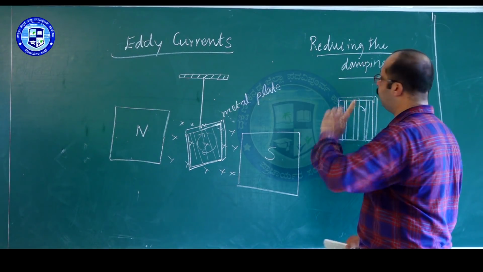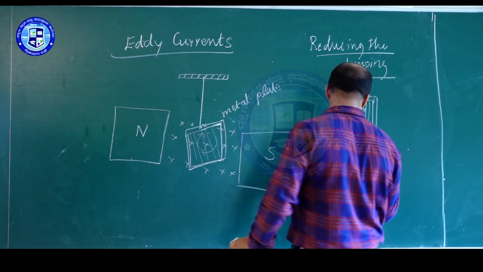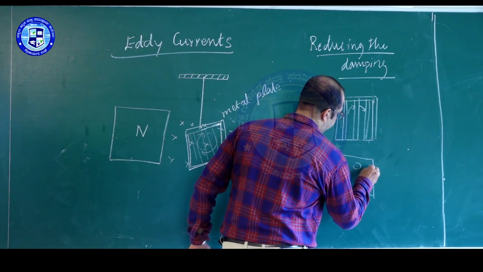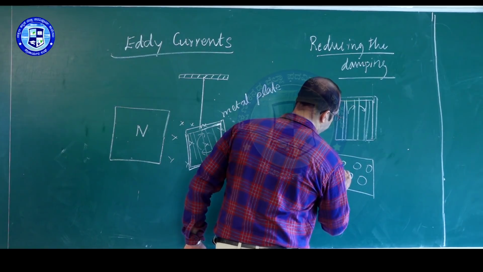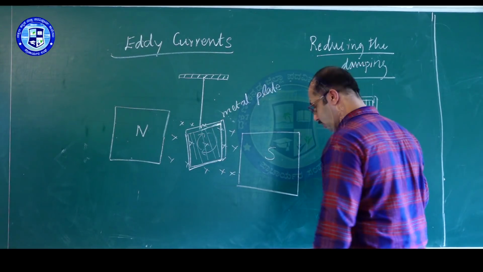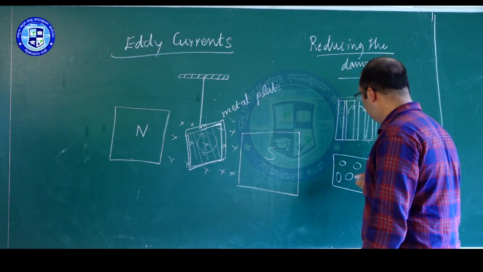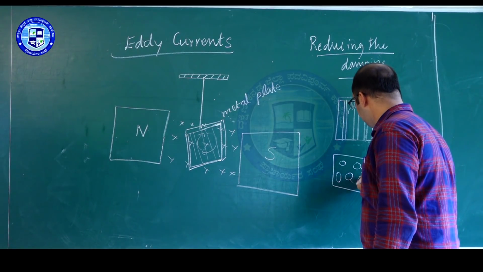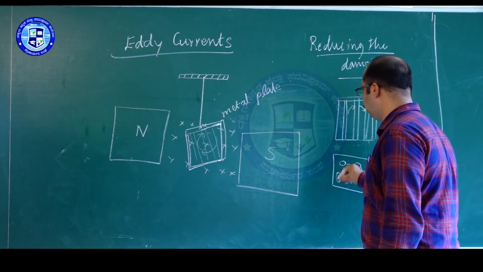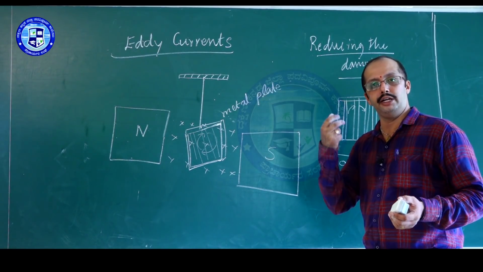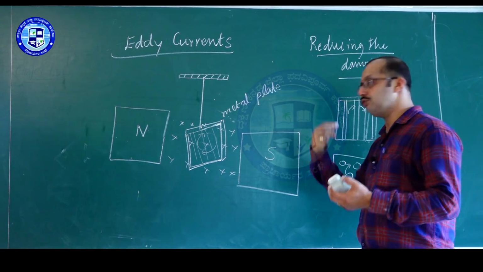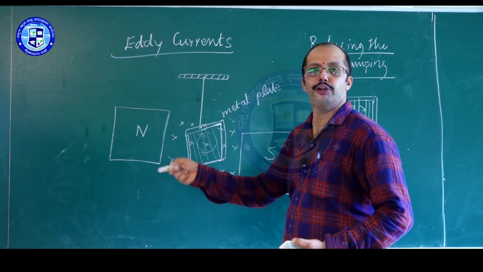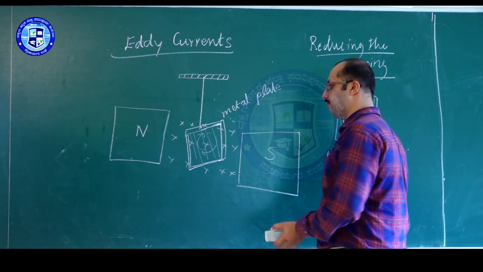So that is one way we reduce it. Another way is making holes in the metal plate. Then again the area is reduced and the strength of the eddy current is reduced, so that damping decreases and the metal plate continuously oscillates in the uniform magnetic field.